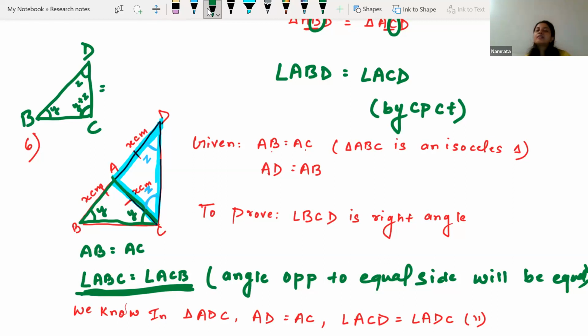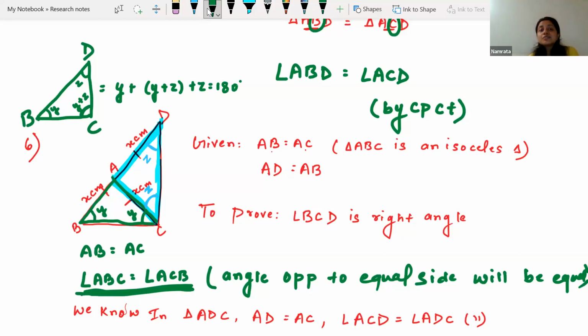Whatever we don't know, we can assume it. Let's say this is x, let's say that is y, just like that. So angle sum property says that the sum of all the interior angles of this triangle will be 180 degrees. Yes or no? So we can say that y plus z plus z is equal to 180 degrees.